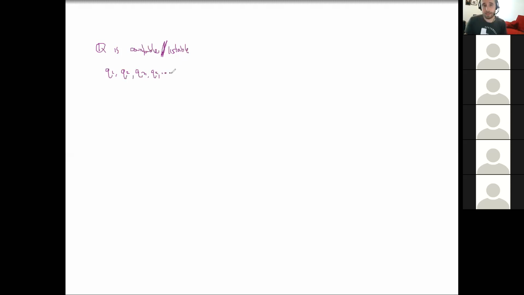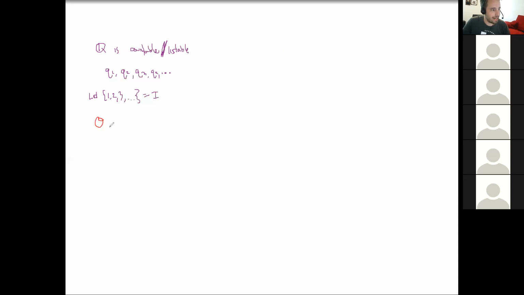I can create a list infinitely long, but it contains every single rational number in it. And so I am going to let the numbers 1, 2, 3, and so on be my indexing set I, and let's define O sub I as follows.